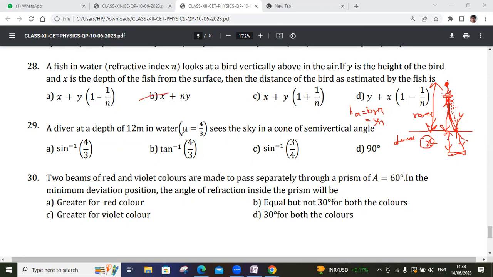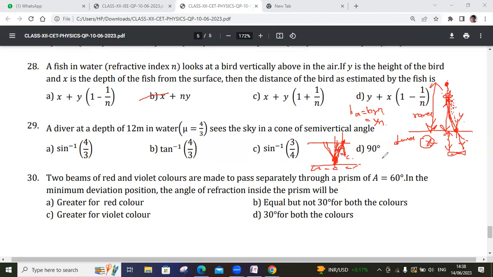Then a diver at a depth of 12 meter in water, with n equal to 4 by 3, sees the sky in a cone of semi-vertical angle. They have asked this. This is TIR. So it is like this, and the diver is there at depth 12 meter. Now he can see only in this cone, where i is almost equal to ic, a little greater than ic. The cone's semi-vertical angle is equal to ic because of alternate angles.